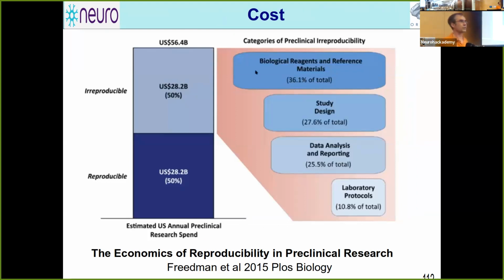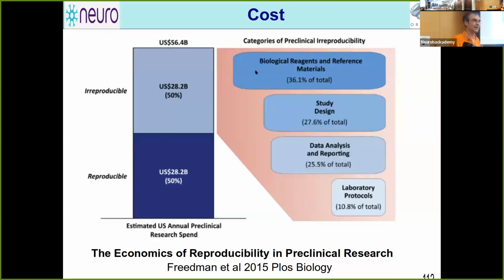Cost. If we're talking about reproducibility, there are studies that are trying to assess the cost of irreproducible science. I would say, again, it's probably super hard to assess. At some stage, it doesn't matter. When you go to some numbers, like 28 billion, whatever, it doesn't matter whether the number is correct or not.